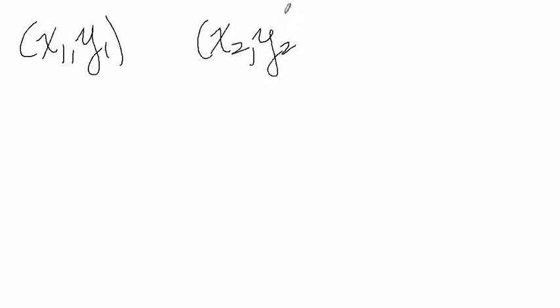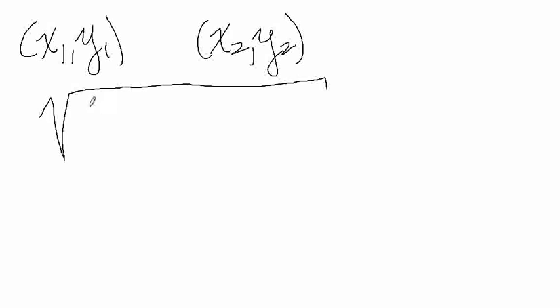If you have 2 points with the following coordinates, x1, y1, and x2, y2, the distance between the 2 points with those coordinates is the following.